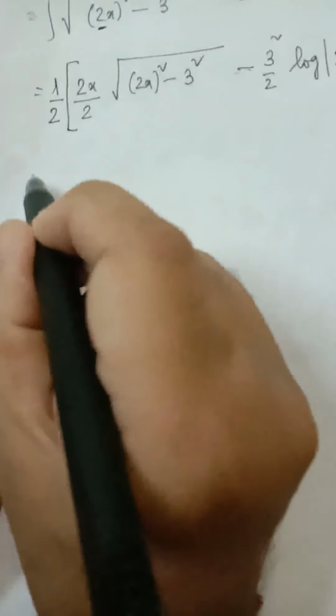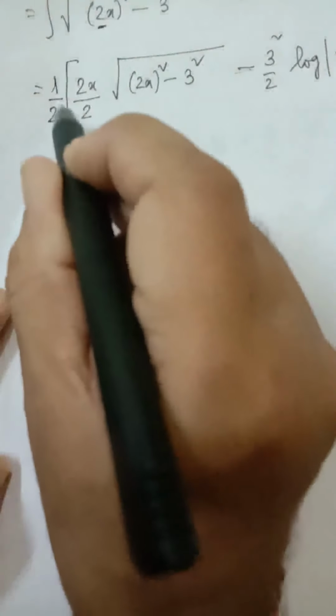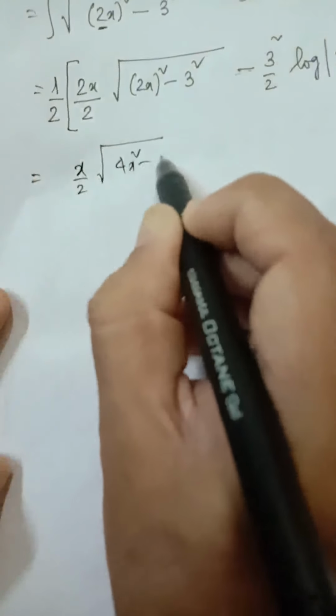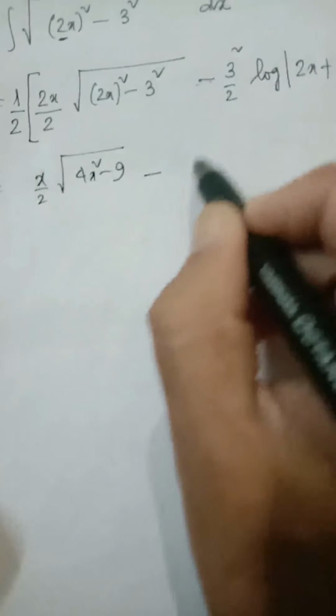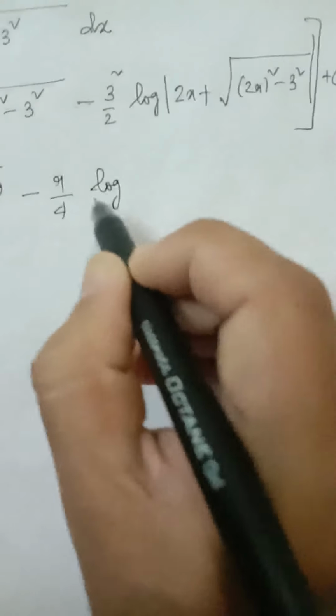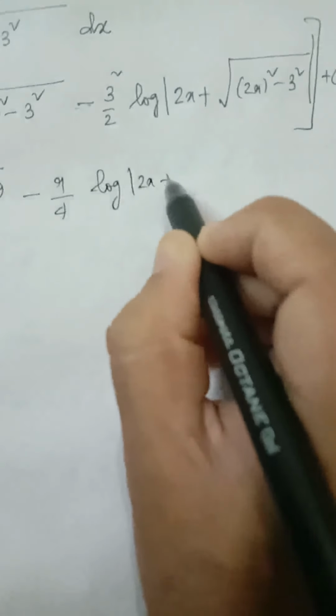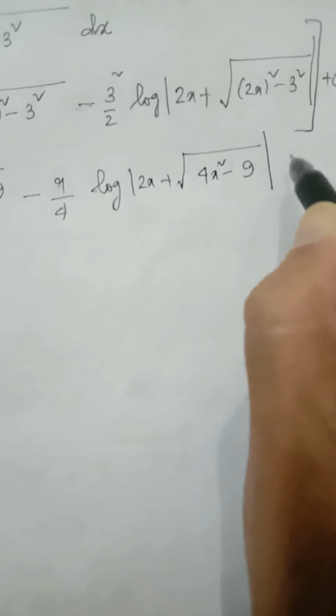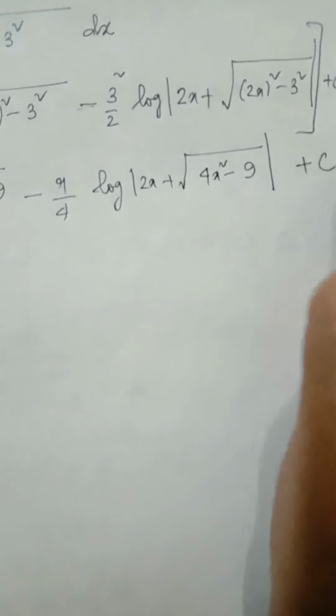Now if we multiply by half, our answer will be x by 2 into root over 4x square minus 9 by 4 log of 2x plus root over 4x square minus 9 plus c.